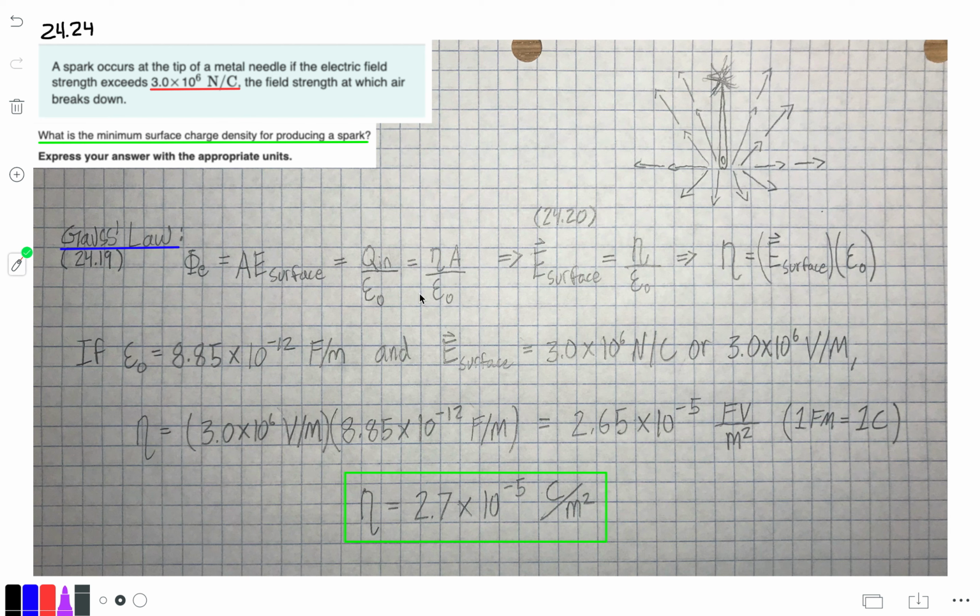So what we can do is rearrange this equation. Since we're not given any value for area, we can go ahead and cancel our area here.